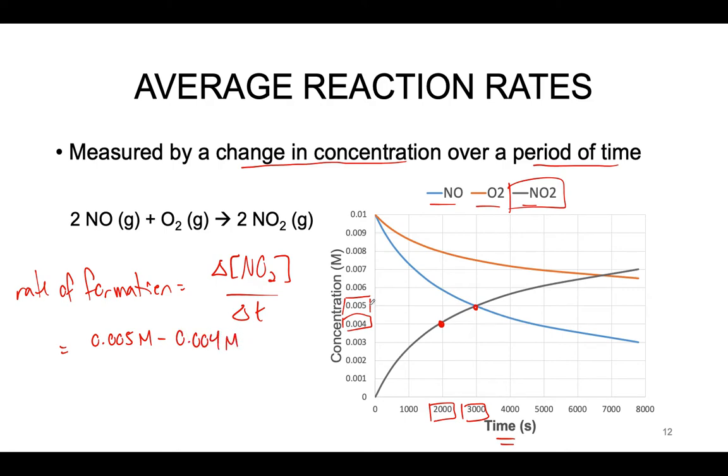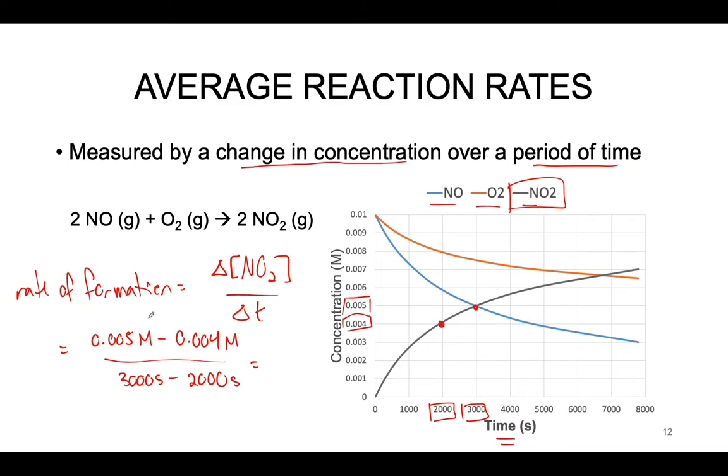And as I said, we don't have to pick the very beginning and the very end of the reaction. So long as we're looking at data points, a corresponding X and Y, all we really need is two data points that could be anywhere. So our quote-unquote final, in this case, is going to be at 3,000 seconds, and we're going to subtract out the quote-unquote initial at 2,000 seconds.